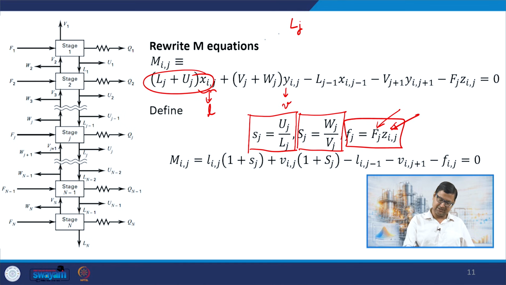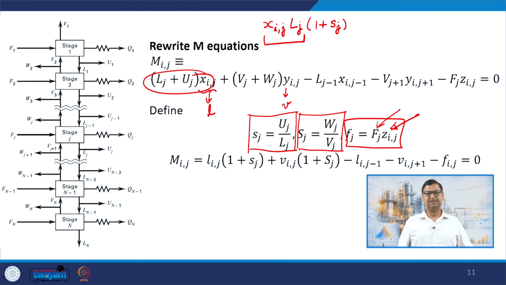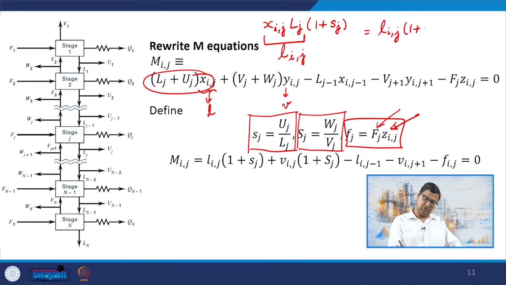So, I can write Lj plus Uj as Lj into 1 plus Sj, and now I have Xij, and Xij into Lj is my small Lij. So, therefore, this becomes Lij into 1 plus Sj.